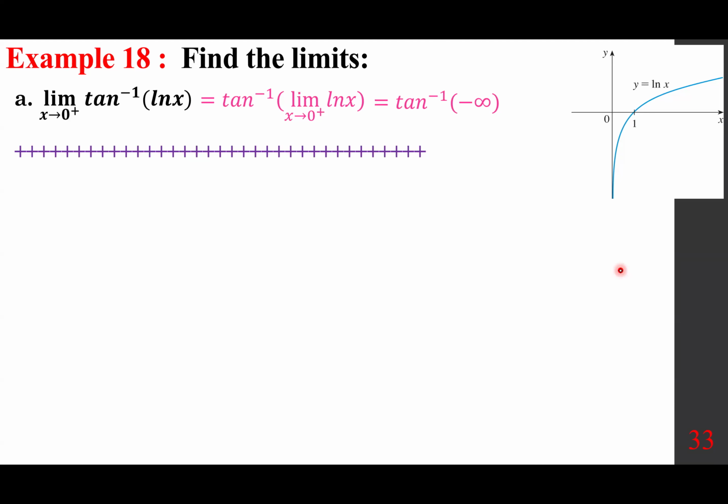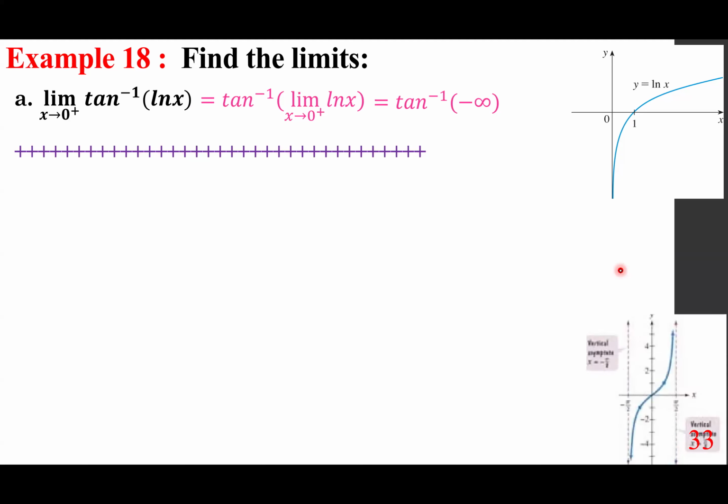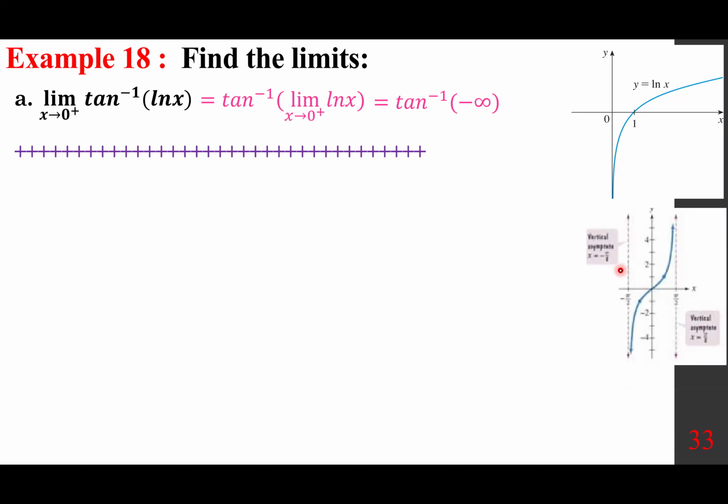So you want tan inverse of negative infinity. Some of you already know the answer is minus pi over 2 from trigonometry. Or just to remind you, when we look at a tangent graph, we have two vertical asymptotes for a complete cycle, otherwise we have infinitely many.